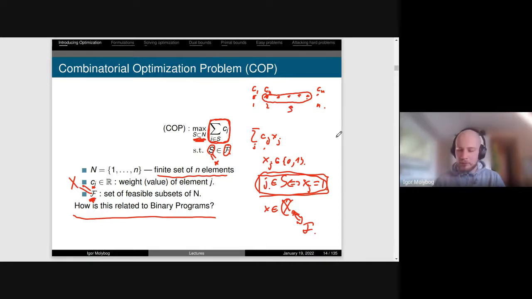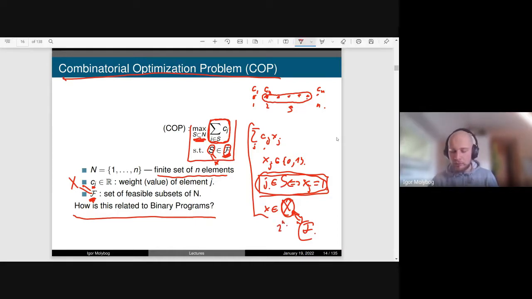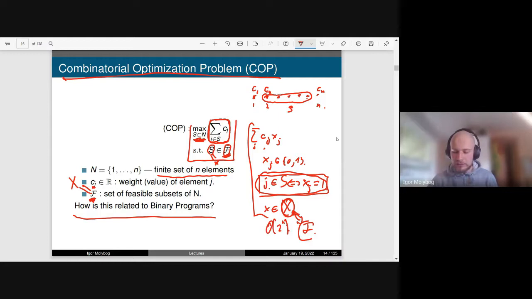There's a reason why people don't do that, why people have this notion of combinatorial optimization problem, which is mainly concerned with this set F. If you write it down in this form, there could be a compact form to write down the set F. If you write it down in this form, chances are that the set X is a very large set, and there's no way to write it down compactly, and most probably the number of constraints that you would need to impose on x is exponential, meaning that it's going to be 2 to the power of n, or big O of this thing.